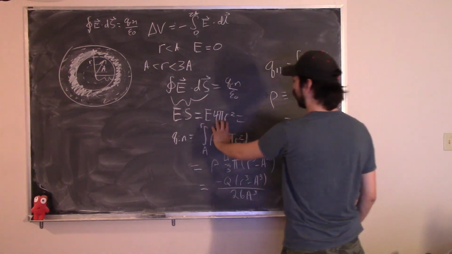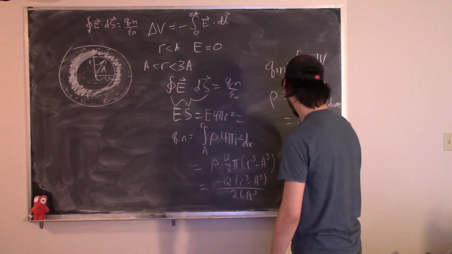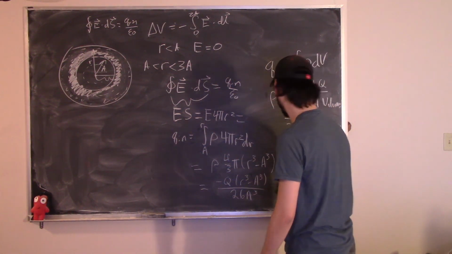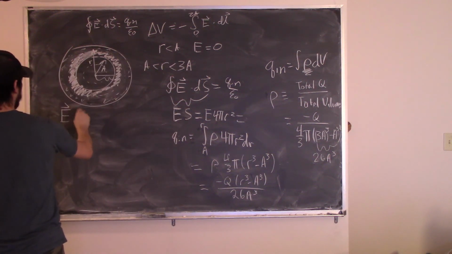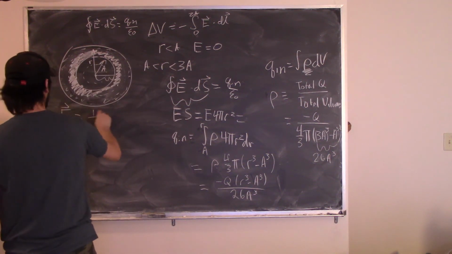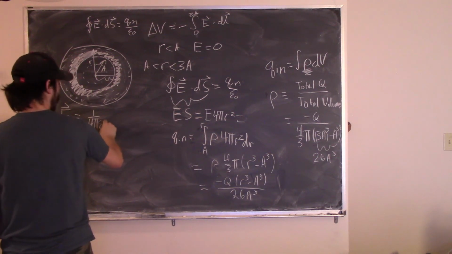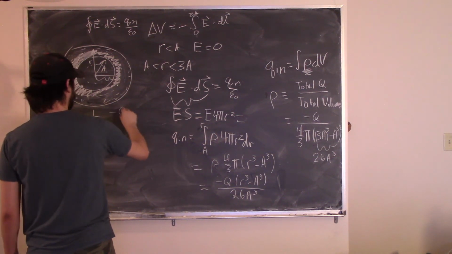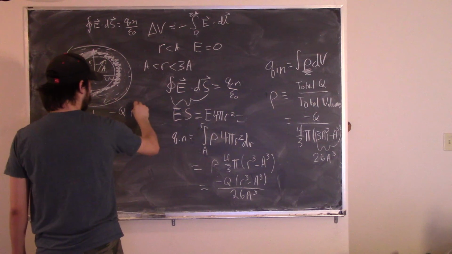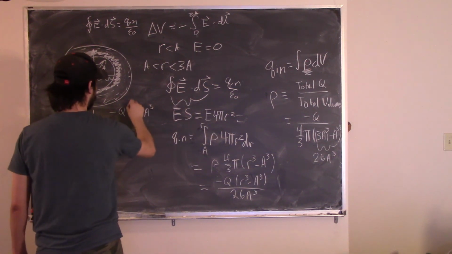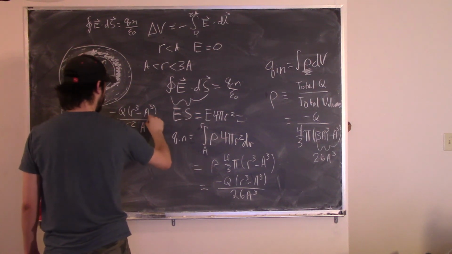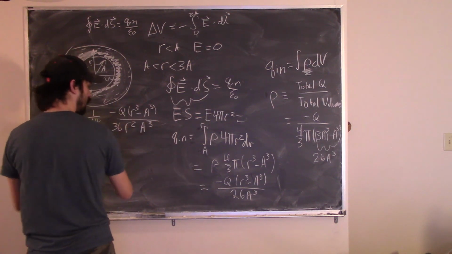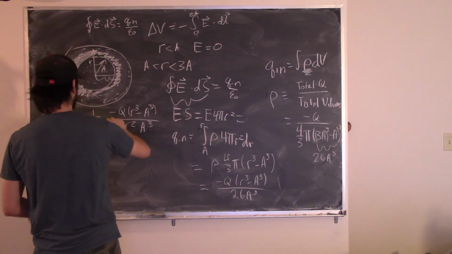I can combine this with the left-hand side of Gauss's law. And so what I end up seeing is that, let me write it over here. E vector is going to be equal to 1 over 4 pi epsilon naught times minus q times r cubed minus a cubed divided by r squared a cubed times 36, not 36, 26. 26.